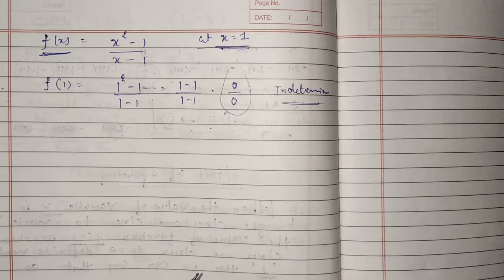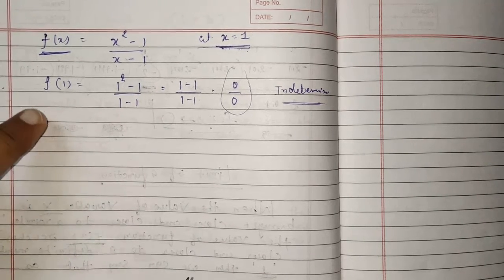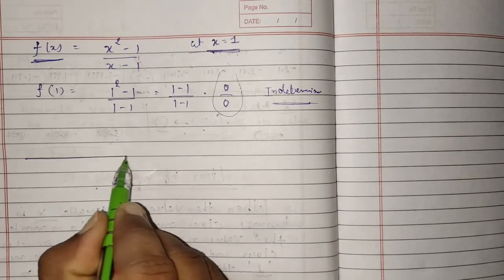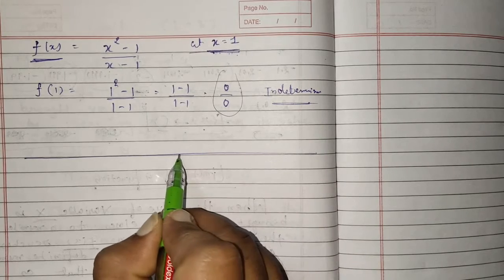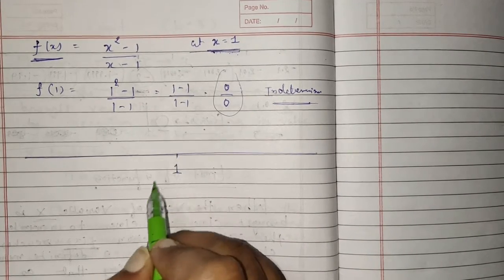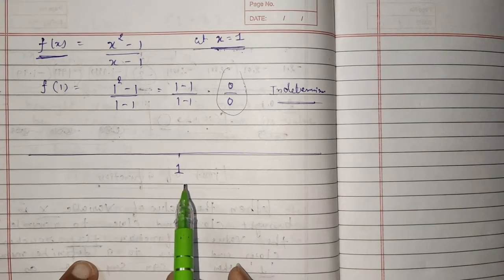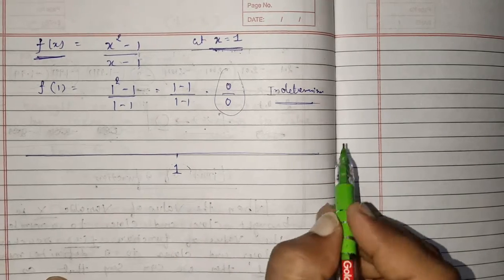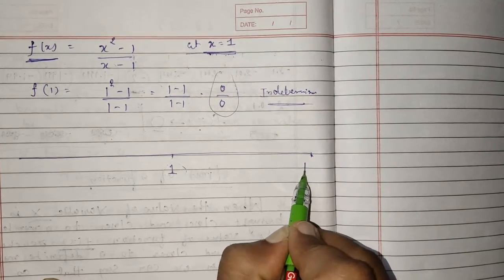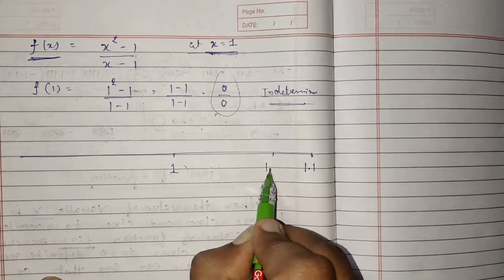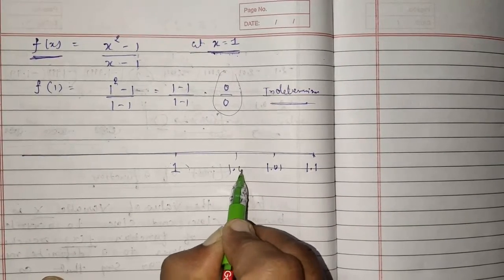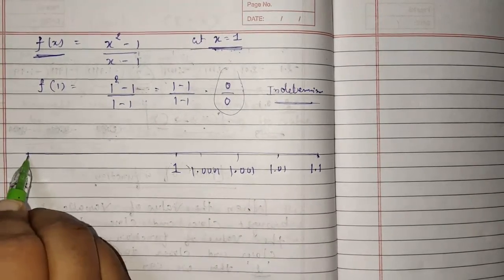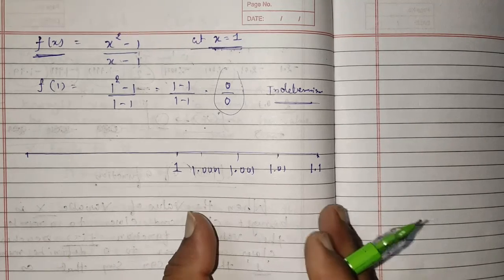So now what happens, we make the approaches of a, not exactly a. We cannot get the value of the function at x equal to 1, but we can get the value of the function at 1.1, 1.01, 1.001, and 1.0001, that is the right hand side.